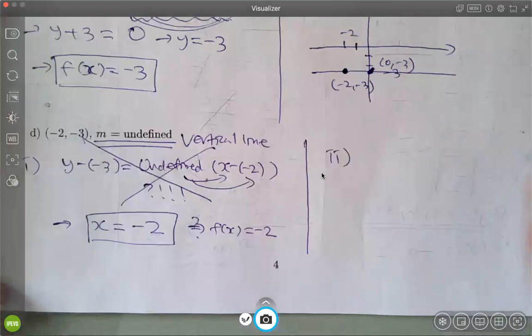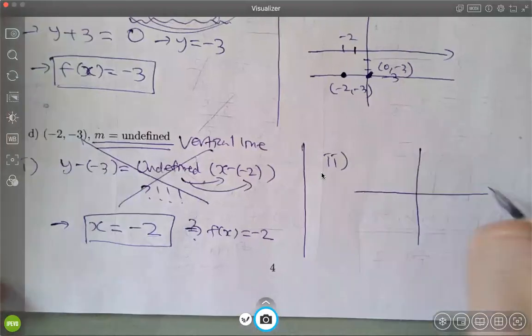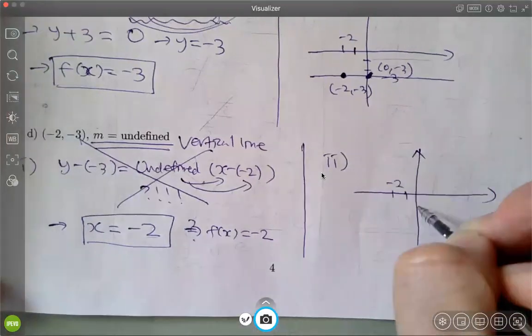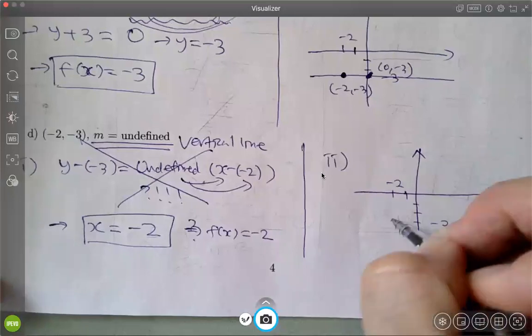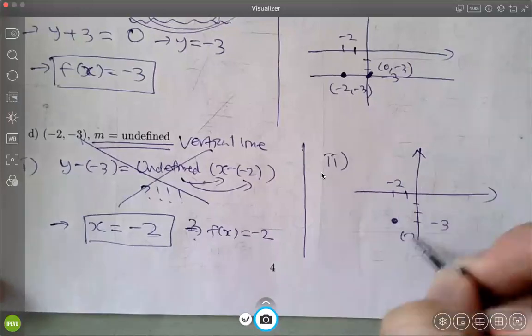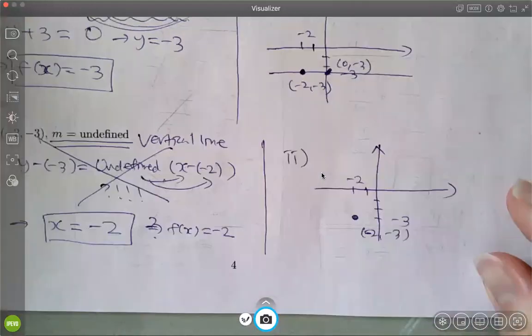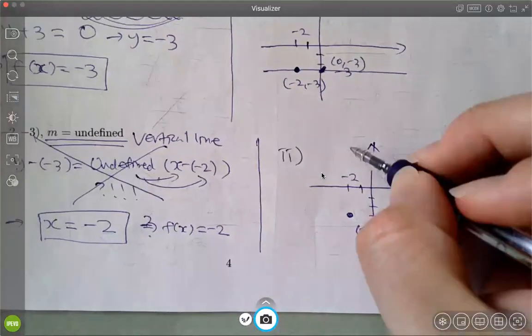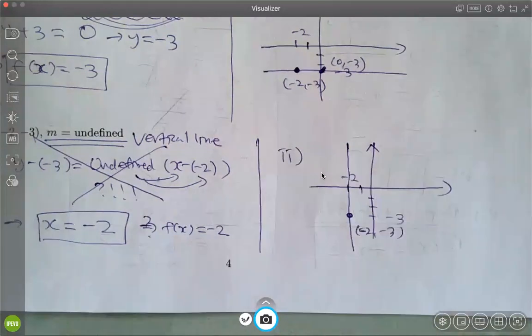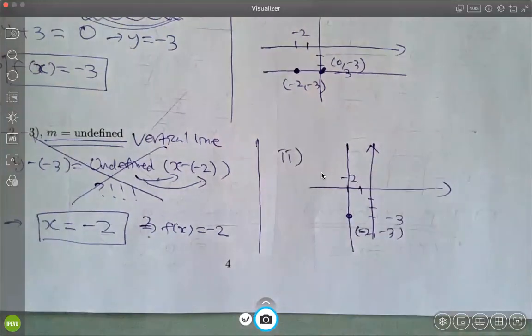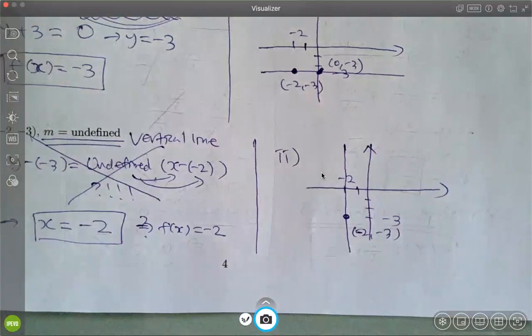Now, the graph is a vertical line and it passes -2, -3. So what is the only graph? That, right? Okay, so that's the only graph. And now on this vertical line, give me another point.